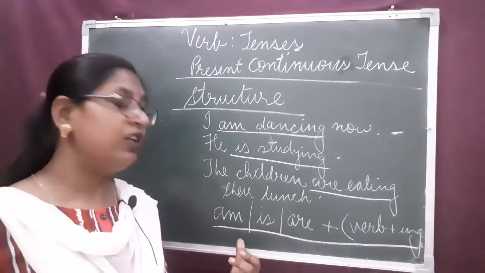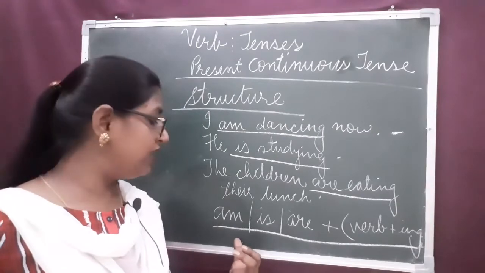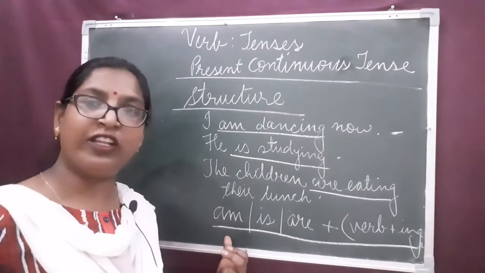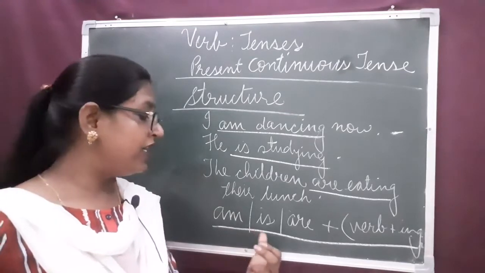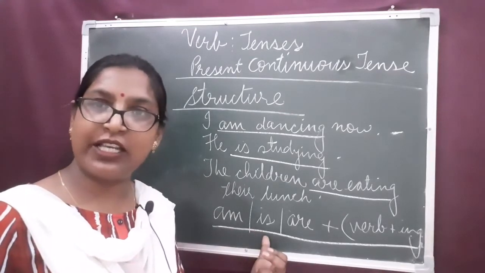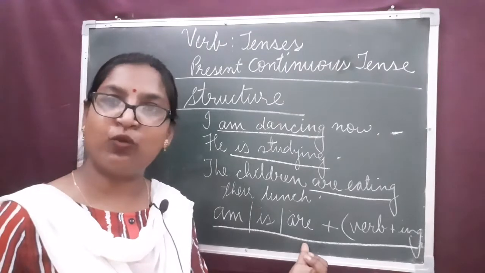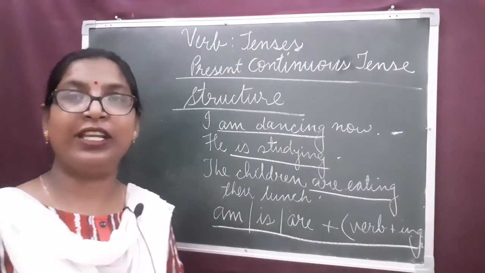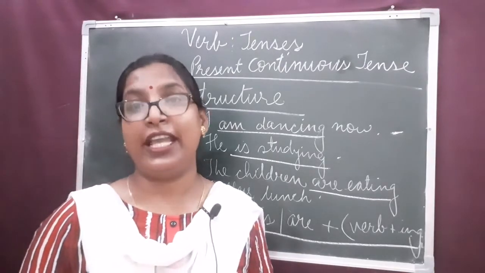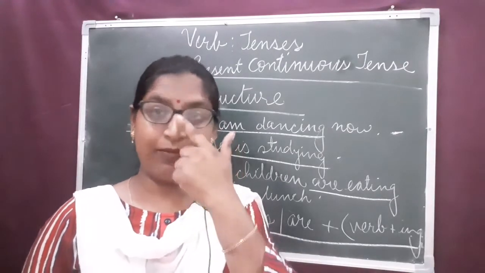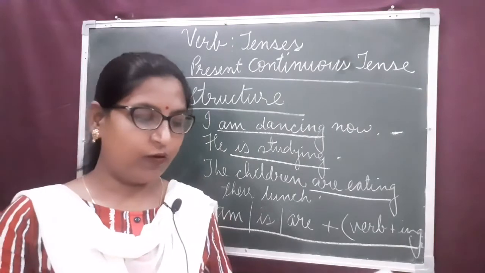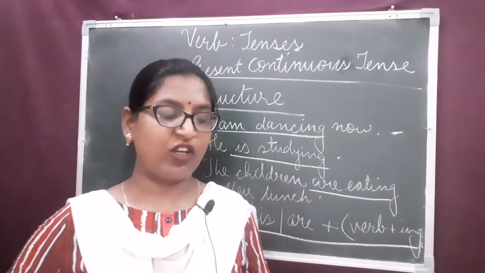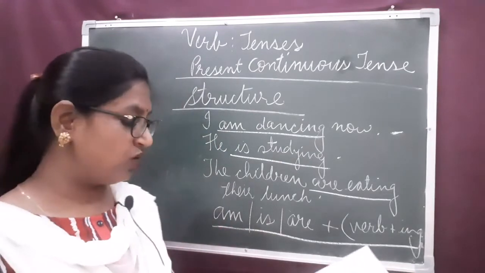And dear children, in the previous classes we have studied the use of am, is, are. Am we always use when the subject is I. Is we use when the subject is singular, and are we use when the subject is plural. We know that there should be subject and verb agreement. According to the subject, we use the verb. Therefore, we can say that the structure of the present continuous tense is as follows.